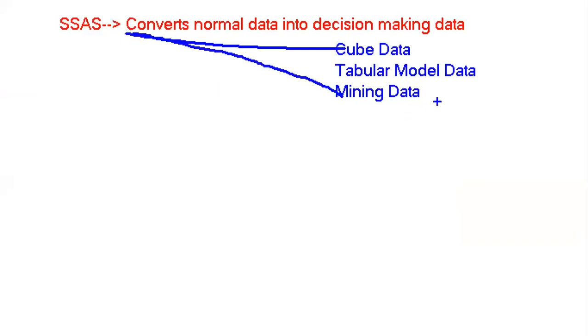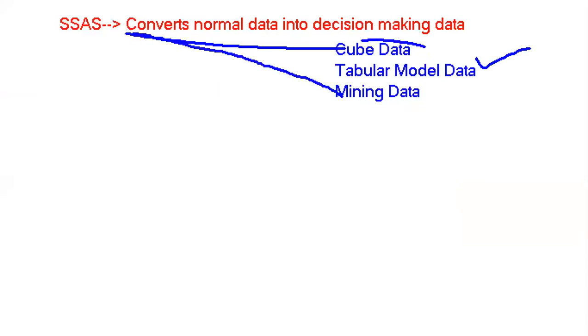One more, mining data. Which data? Mining data. So our AS can perform cube creation or mining model creation. But rarely people use mining models. That is why we always use the word cube. But AS has the capability to create mining.